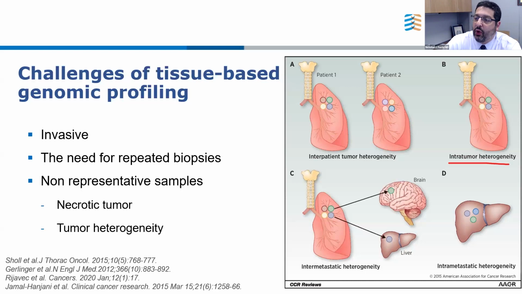Depending on where you sample that lesion, you will get a different answer. There's also intermetastatic, where, say, the brain met harbors this mutation, the liver met may have a different mutation or lack of mutation. So they're not homogeneous in each tumor site. And a single metastatic focus may also have a different molecular profile. So these are just some of the challenges that we're dealing with.